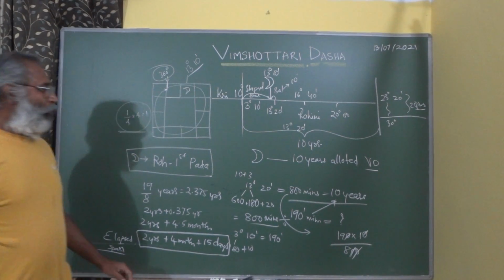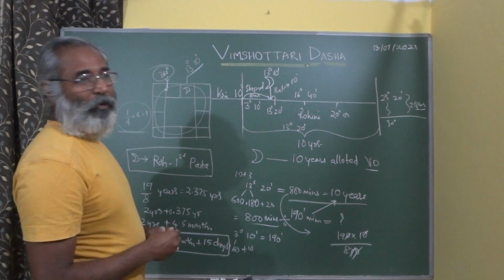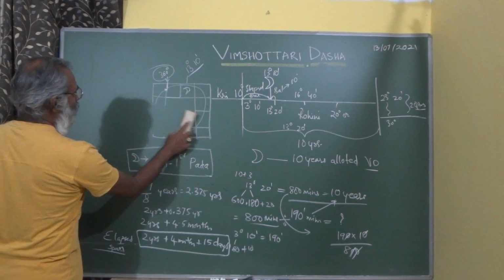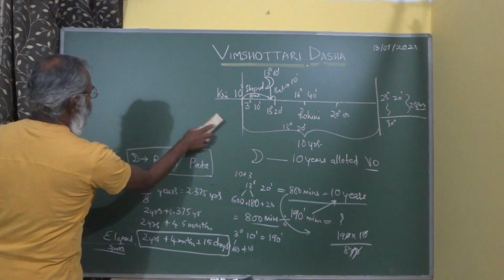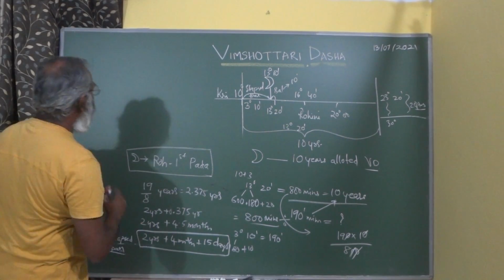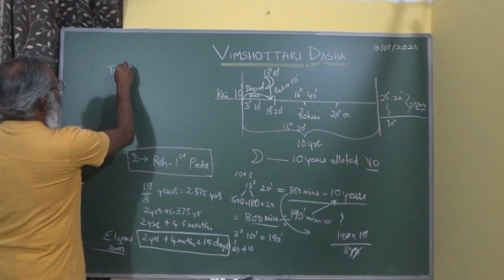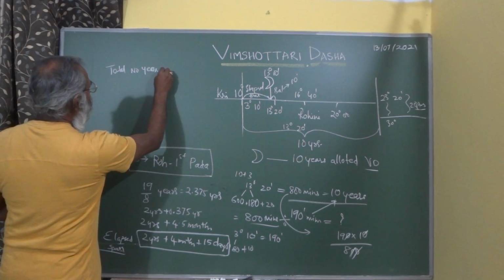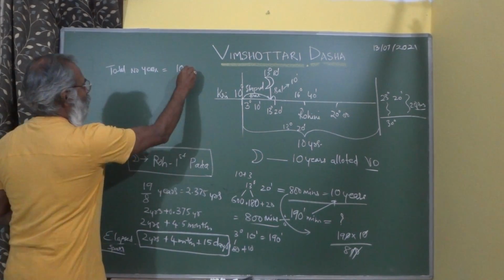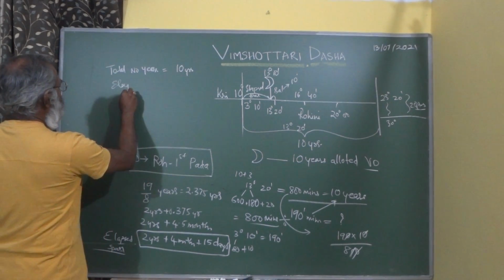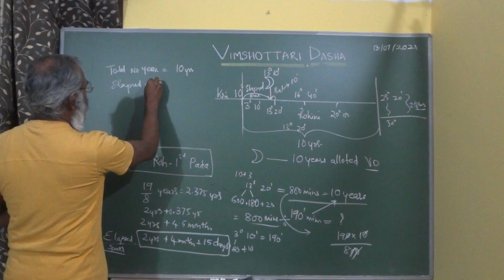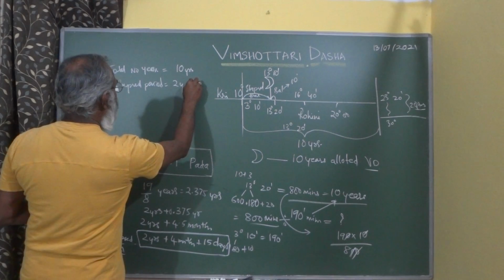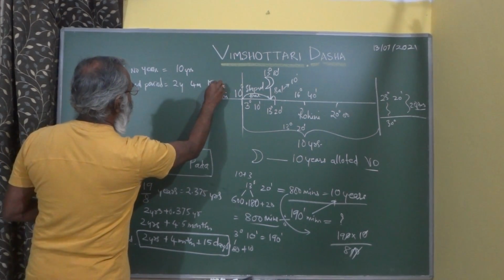Okay. So the total number of years were 10, and the elapsed period is equal to 2 years, 4 months, 15 days.